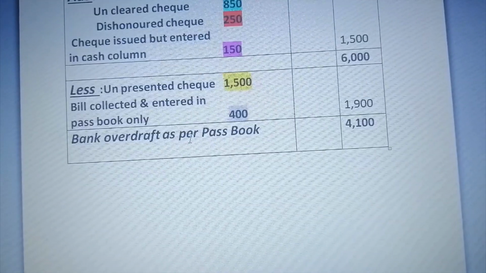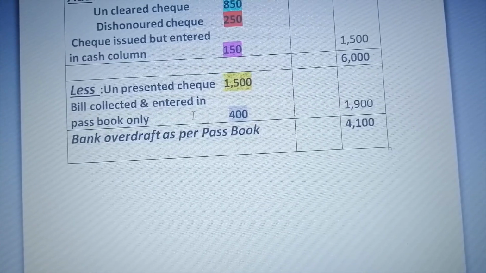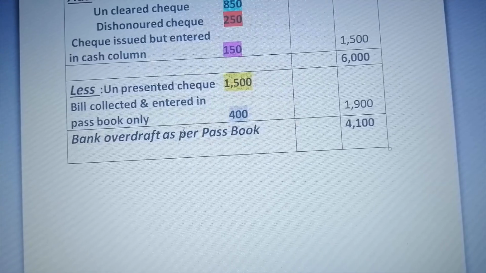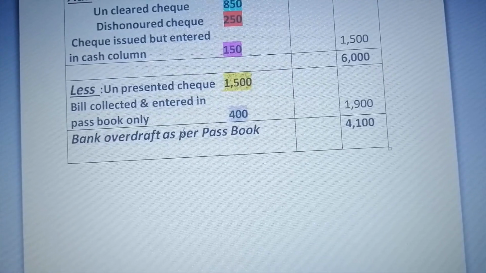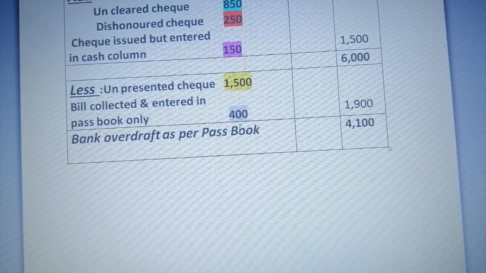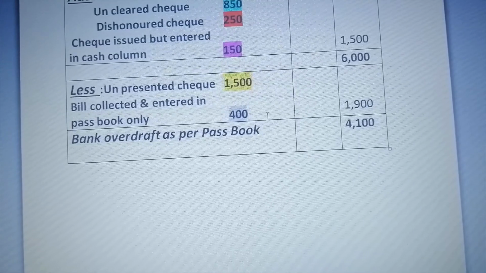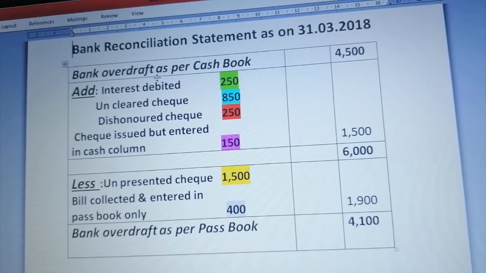See here, bill collected and entered in passbook only. So the passbook balance is high when compared to cash book balance because this entry is not yet entered in cash book balance. So this transaction is being deducted from cash book balance. Clear? Here we can see bank overdraft as per cash book 4500 rupees.